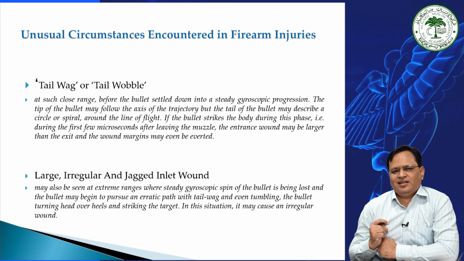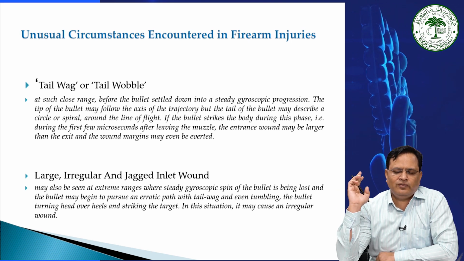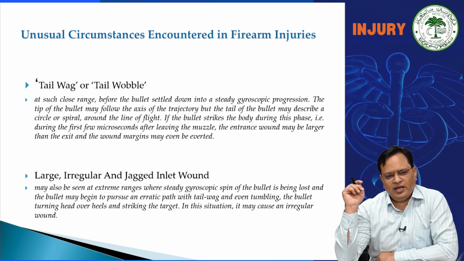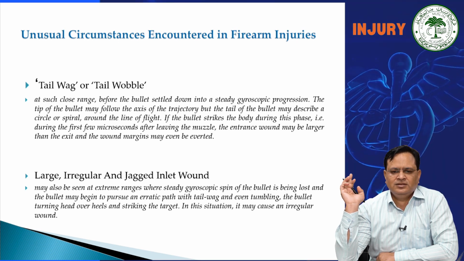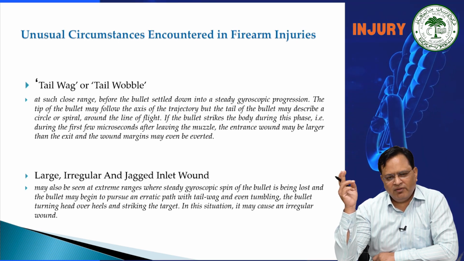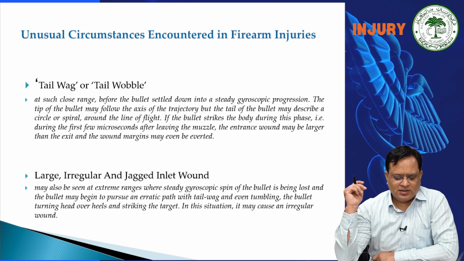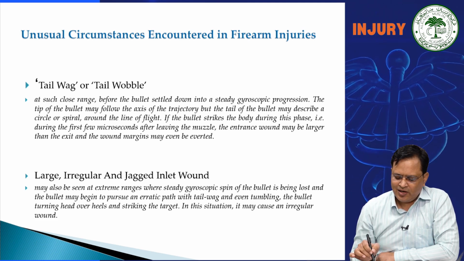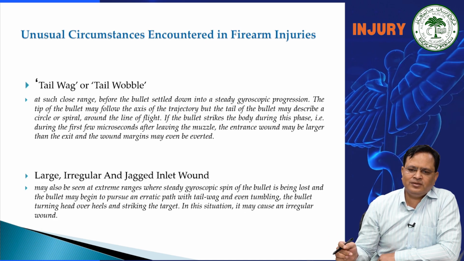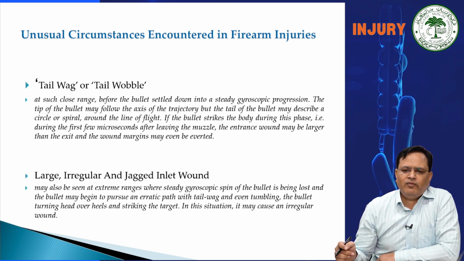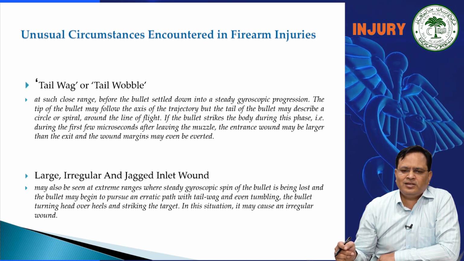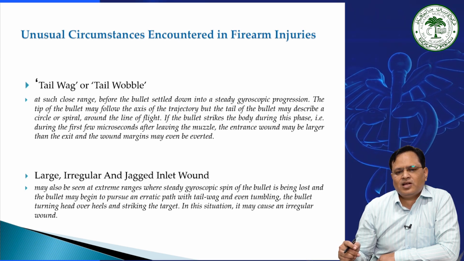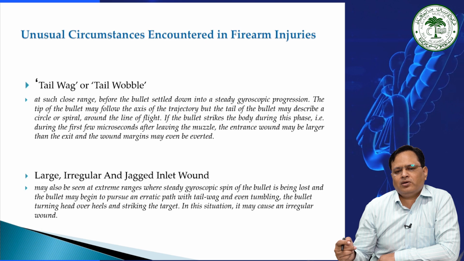Unusual phenomena are there. There are various unusual phenomena of the bullet that we can get in day-to-day practice. Tail wag or tail wobble. At close range, before the bullet settles down into steady gyroscopic progression, the tip of the bullet may follow the axis of the trajectory, but the tail of the bullet may describe a circular or spiral movement on the line of flight.